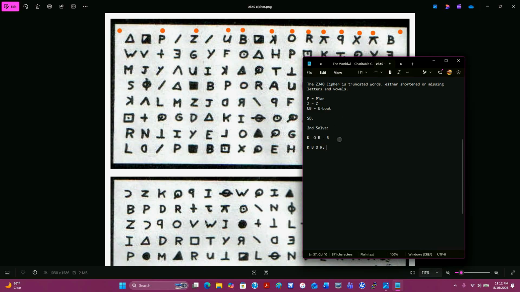So we have KBOR. Now what could KBOR be? If we're using the Germans' thought process over here, and we're talking about World War II, and these military people are using code, and they're hoping that you understand the theme. That's just like Wheel of Fortune.